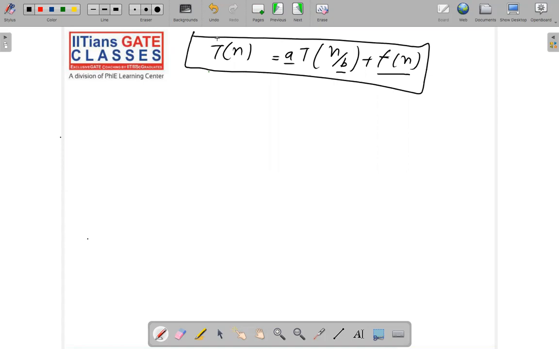The building of recurrence relations we will cover later, when we go to the algorithm part where we will be solving some of these algorithms. We will build recurrence relations there, and using those recurrence relations you can calculate time complexity.